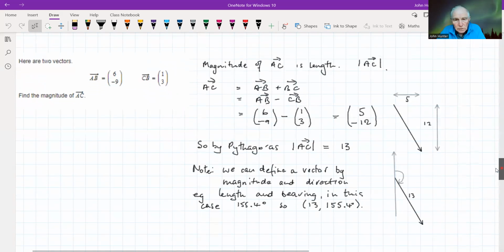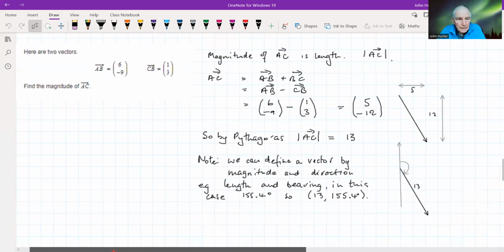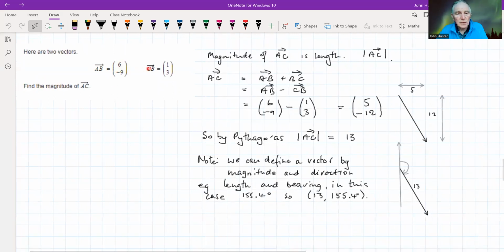So look at this one, slightly different. Here are two vectors, AB is (6, -9) and CB is (1, 3), so 1 along and 3 up. Find the magnitude of AC. When we're talking about vectors, and I mentioned the polar form, we might describe it in terms of the length of the line and the angle.